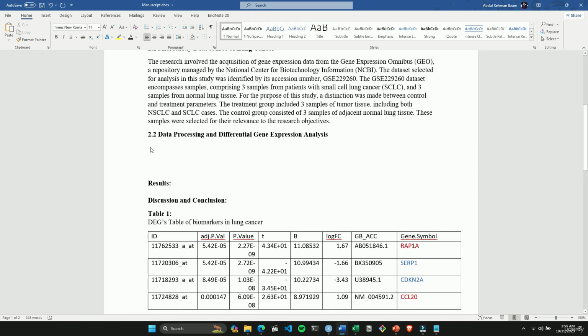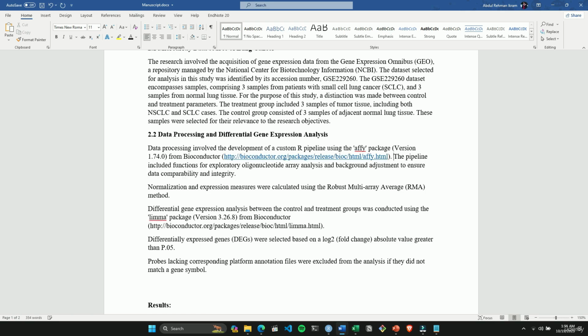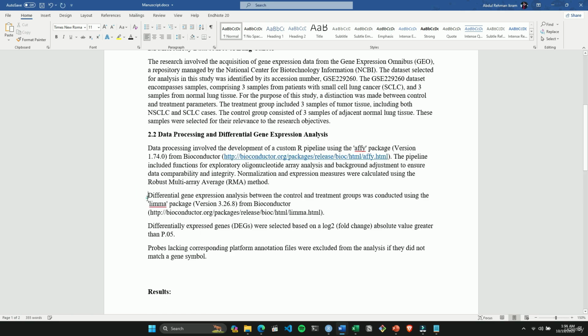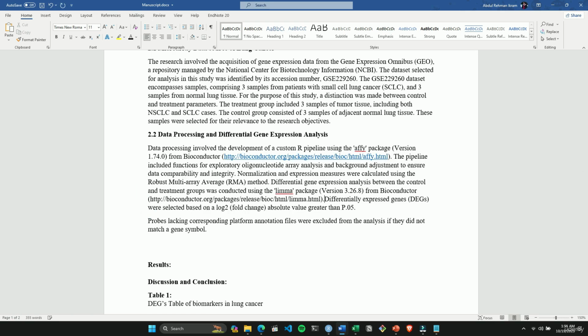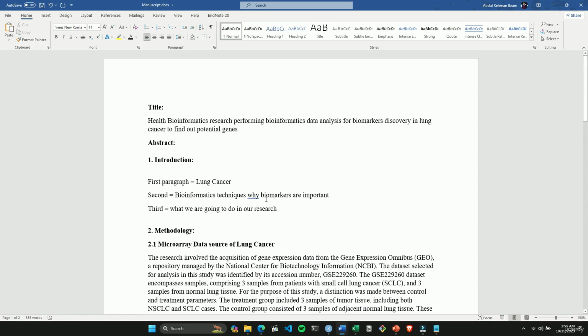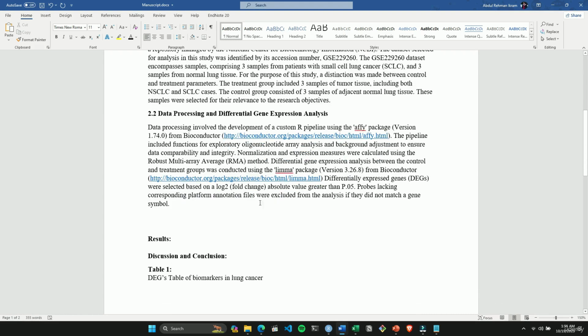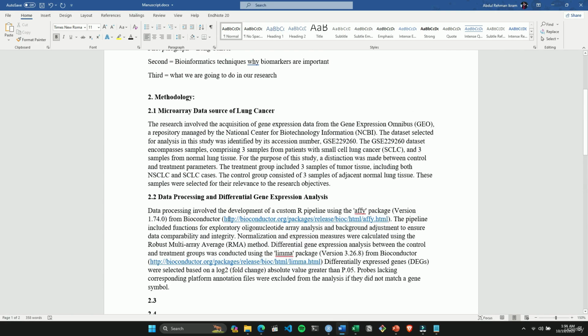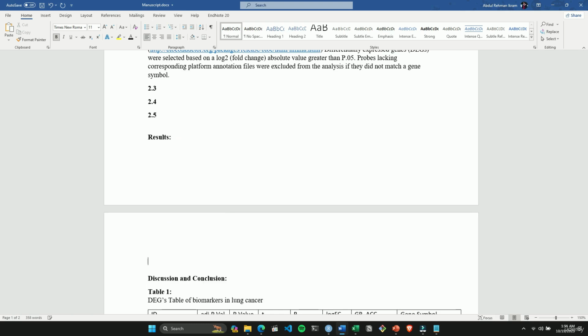Here you can see we have the methodology of performing the data analysis and data processing of differential expression. Now you are seeing we are getting the proper format. Then again we will move to 2.2, 2.3, 2.5 and things like that. After that you will move to the results section where your figures will be incorporated.